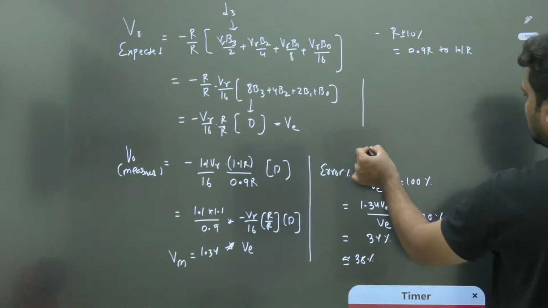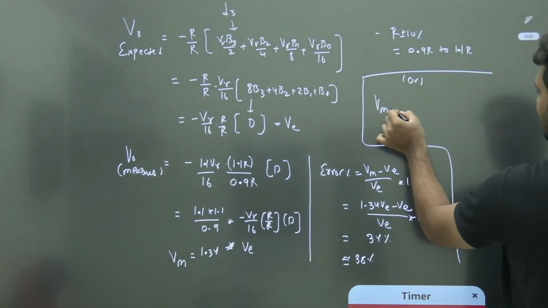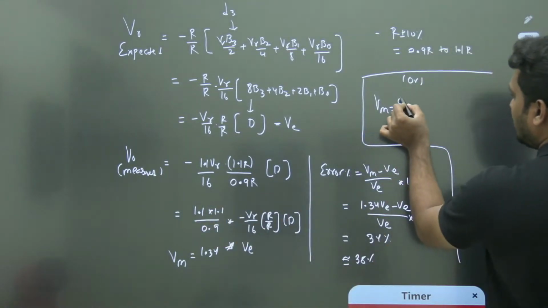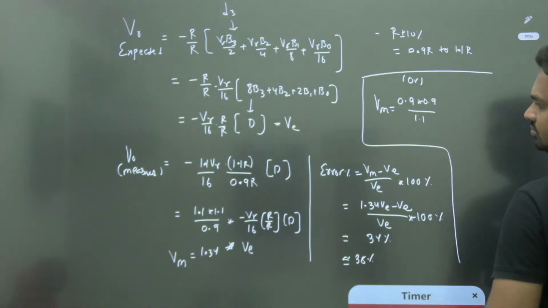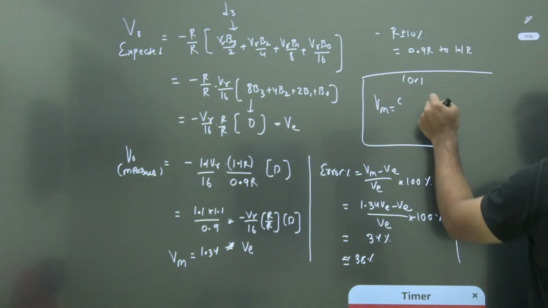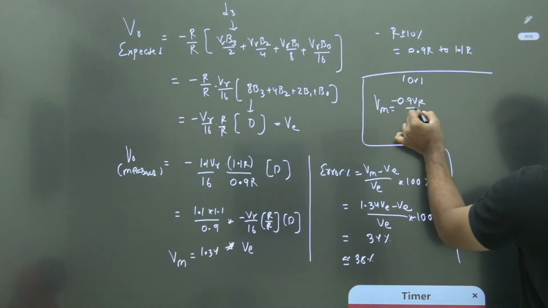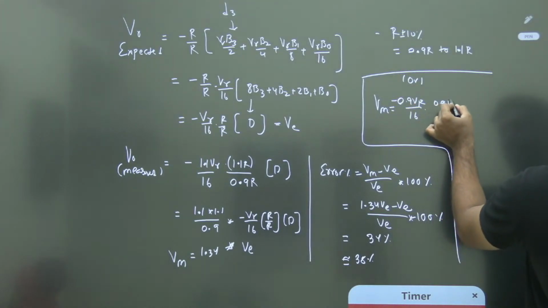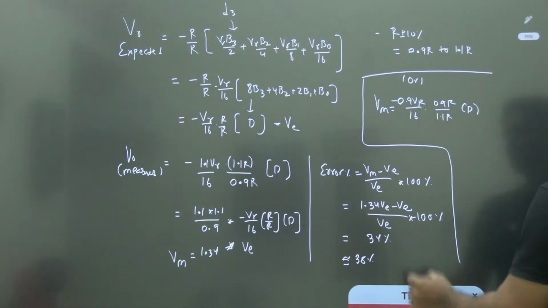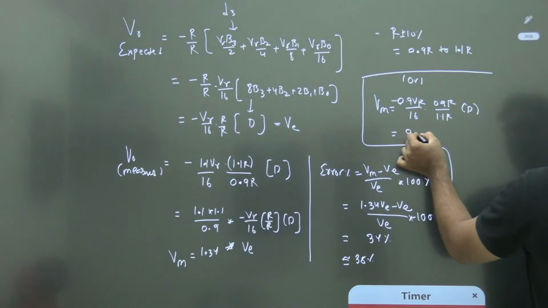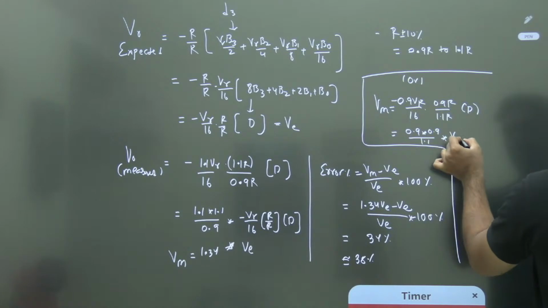Another possible way is, you can also say Vm equal to, instead of 1.1, take numerator equal to 0.9 and denominator equal to 1.1. That is also possible. So 0.9 VR by 16, 0.9 R by 1.1 R you should take. Of the two, whatever is the maximum, we should take that one only. So here you get 0.9 into 0.9 by 1.1 into VE.